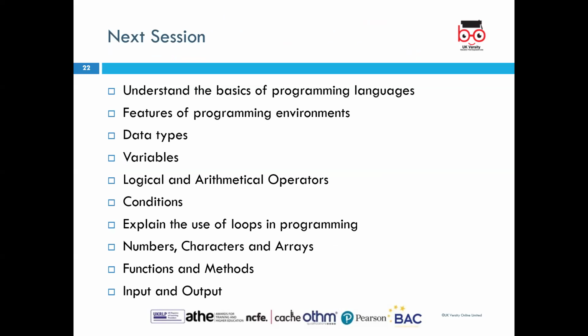So in our next session, we're going to understand the basics of programming language, features of programming environment, data type, variable, logical and arithmetical operators, conditions, explain the use of loops in programming, numbers, characters, arrays, function and method, input and output.